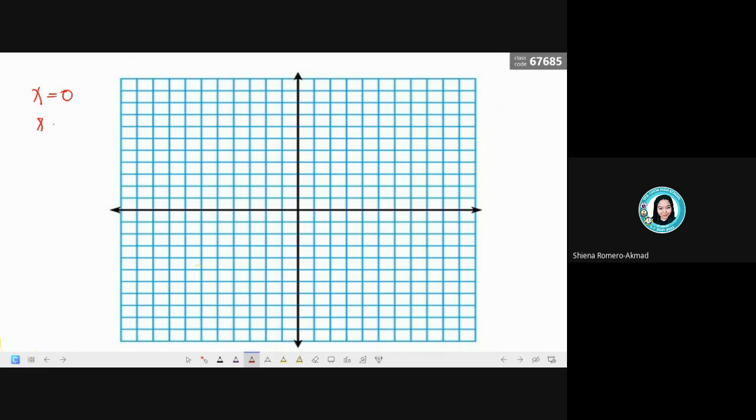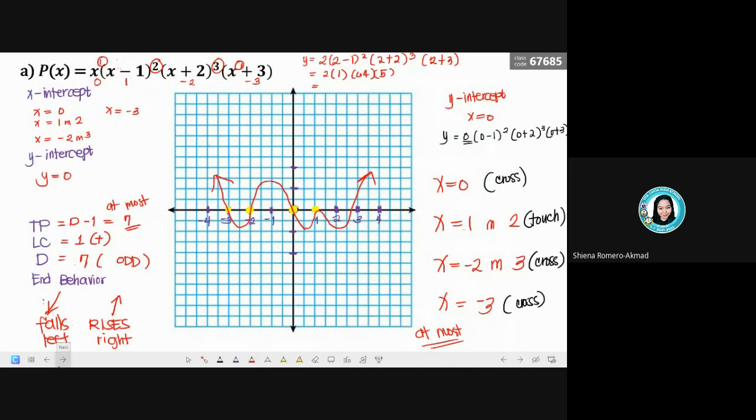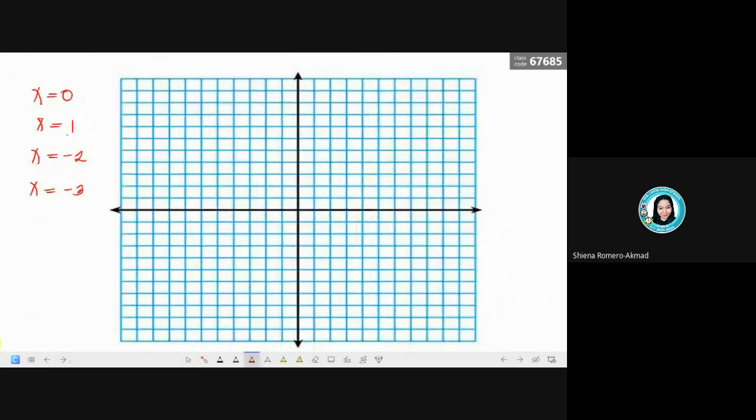0, 1, -2, -3. As you can see, 0, cross, touch, cross, cross. 2, 3. So, this will cross, touch, cross, cross. Hindi ko na ilalagay yung number, ha.